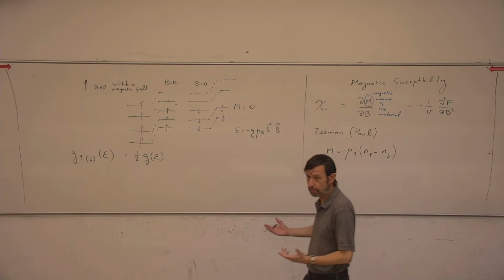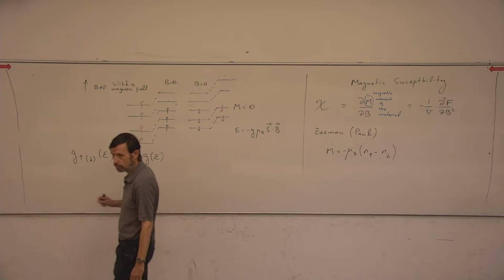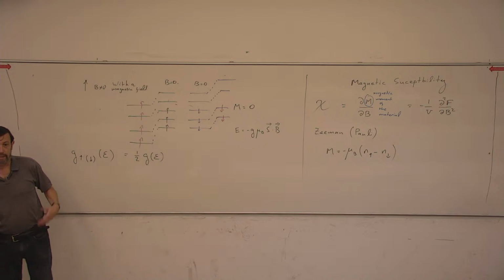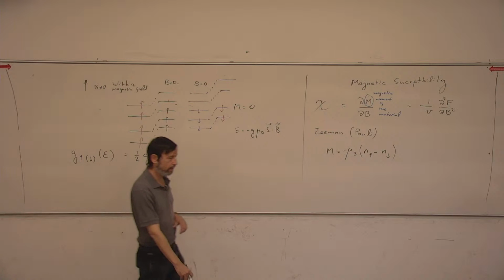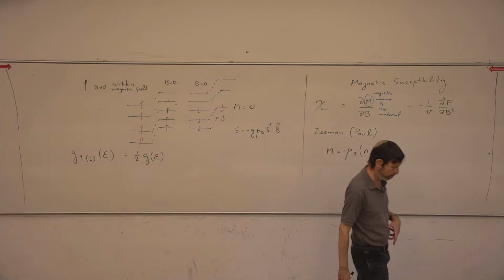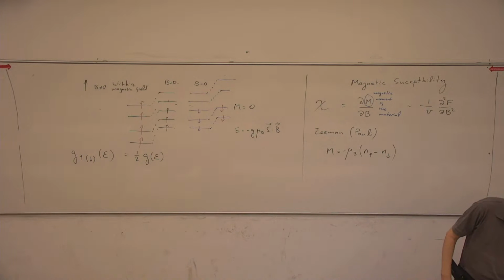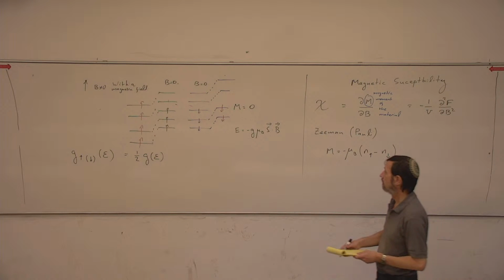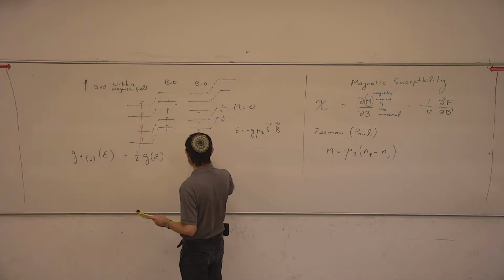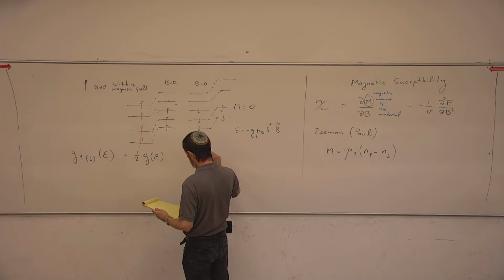So I have half of the states at a given energy which accept spin up electrons and half of them which accept spin down. And this is, of course, when B is equal 0.